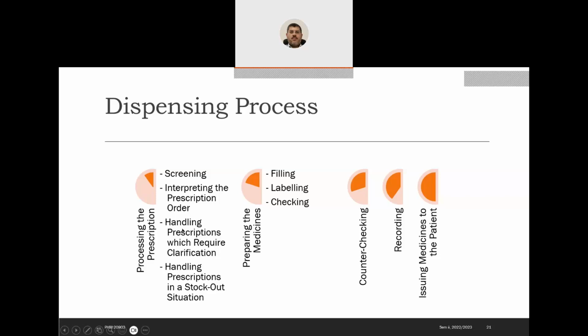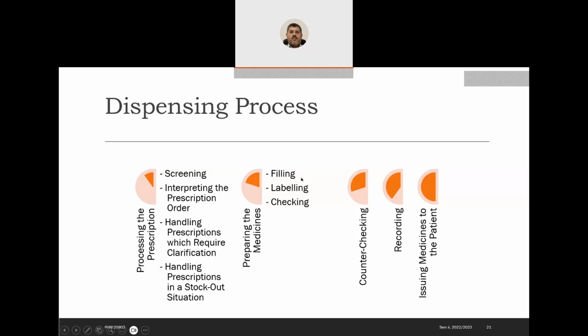You call the physician and mention the problem, and if you have a suggestion for the solution, you suggest it, and then you get the approval of the physician regarding this change. Okay? And if you have a shortage, for example a stock-out situation, what to do? You have another alternative. You can call the physician and recommend the alternative. Then once these problems are solved, you can start to prepare the medication.